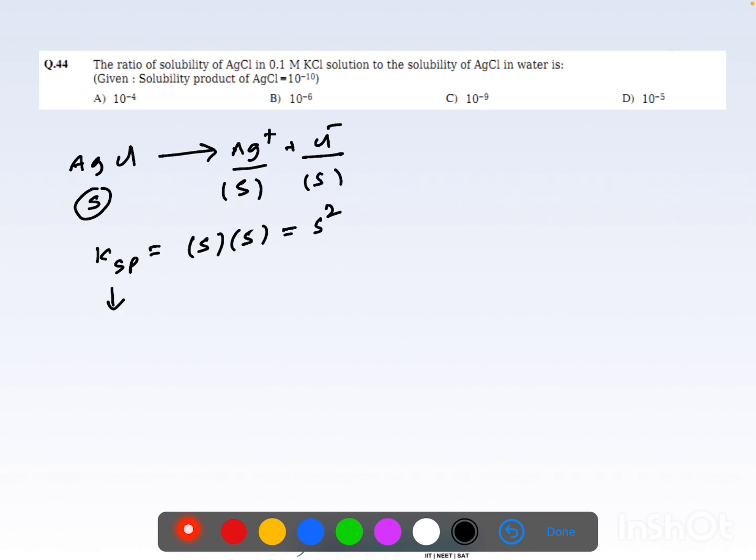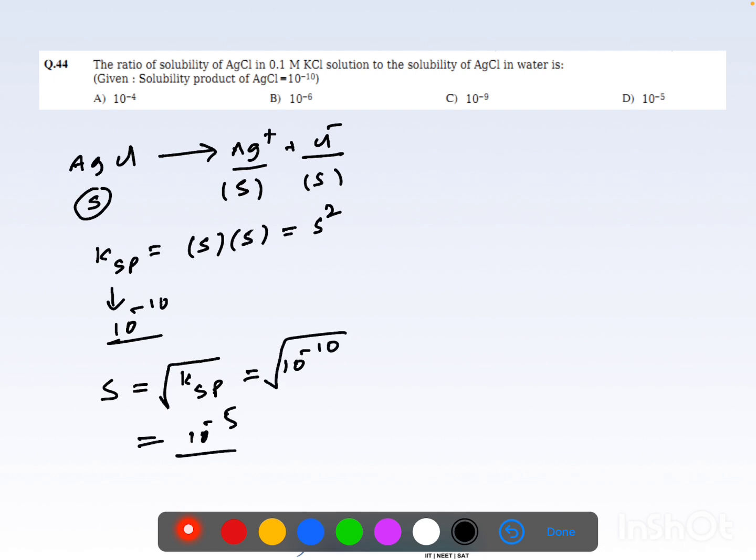Now the Ksp value is given as 10 to the power minus 10. So from this, S is the square root of Ksp, that is the square root of 10 to the power minus 10, which is 10 to the power minus 5. So this is in pure H2O.